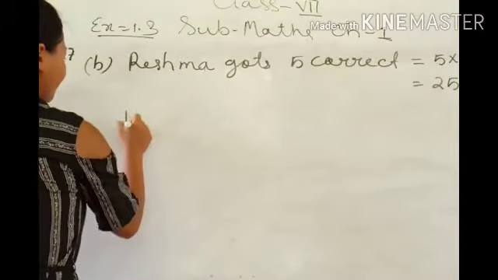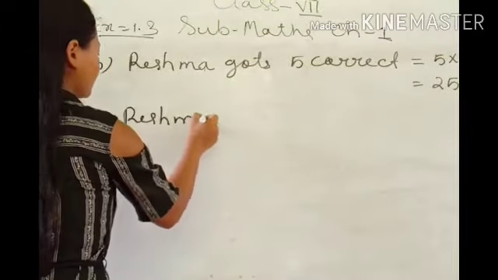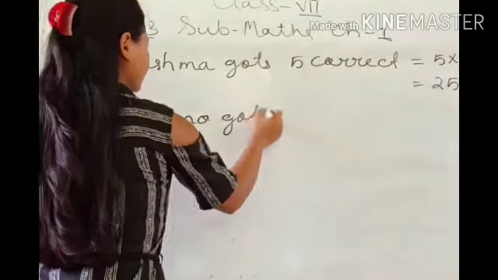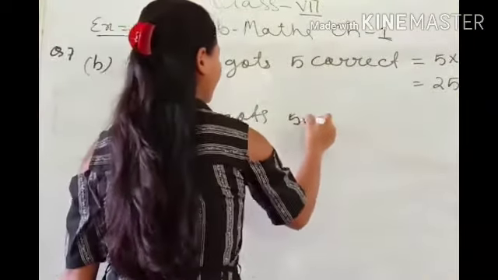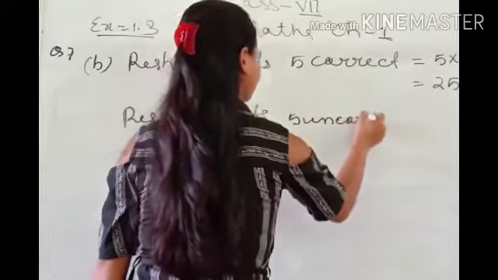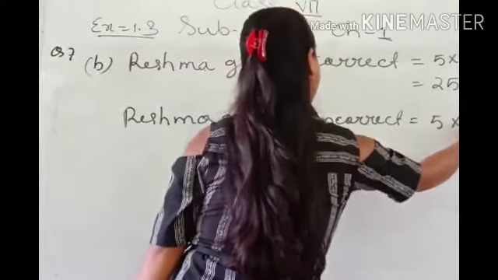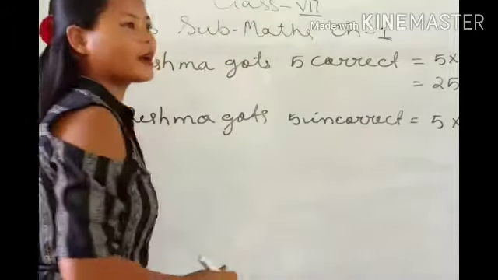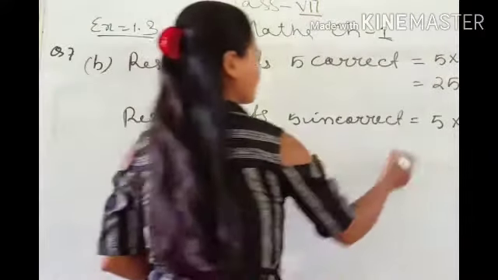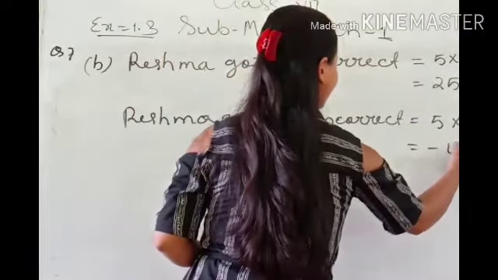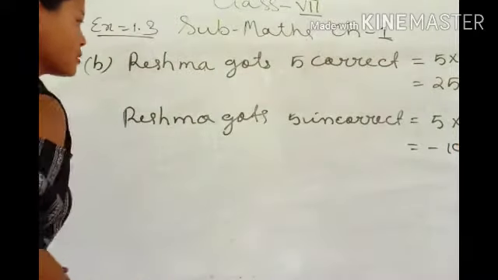Again, Resma got 5 incorrect answers. That means you will multiply 5 with -2, because for an incorrect answer they are giving -2. So 5 into 2 is what? 10. So the answer is -10.